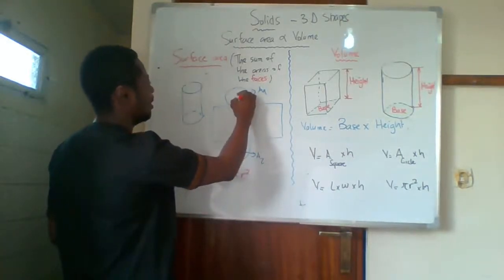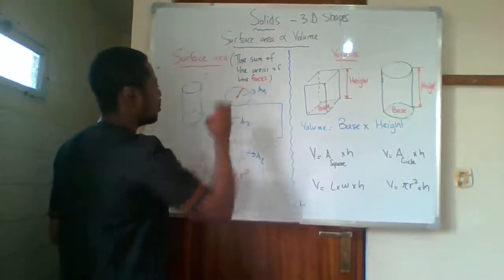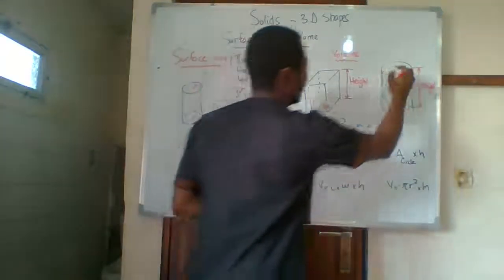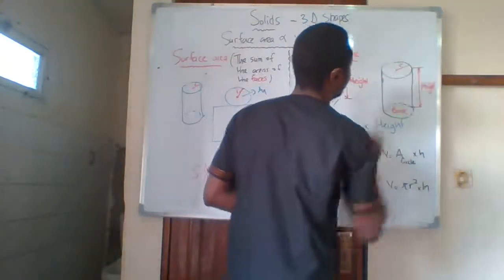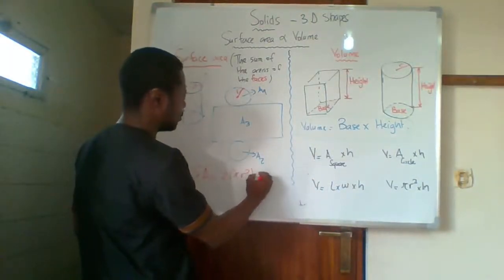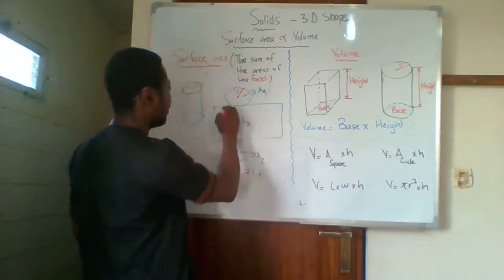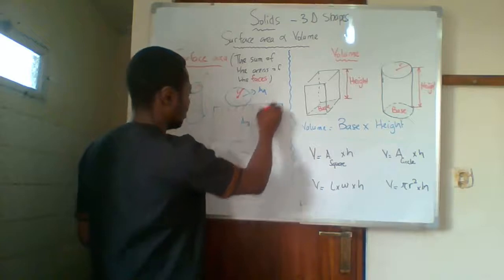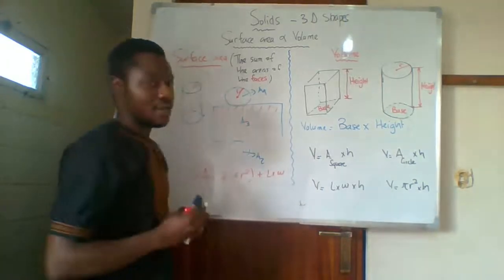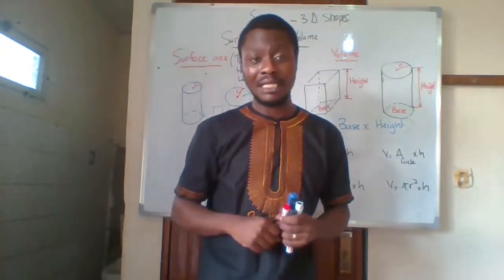The radius is the small line that goes from the center to the circumference. That's the radius. And here you have a radius. Good. So you multiply by 2, then you add the area of the rectangle, and this is length times width. And if you do it that way, you have the surface area of a cylinder.